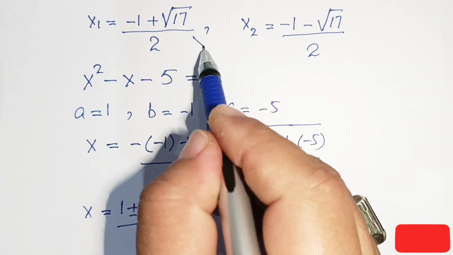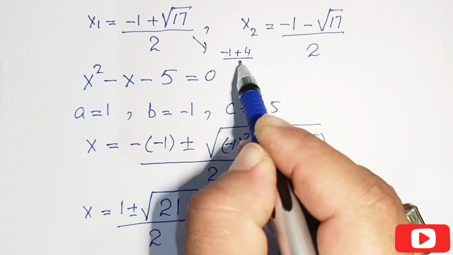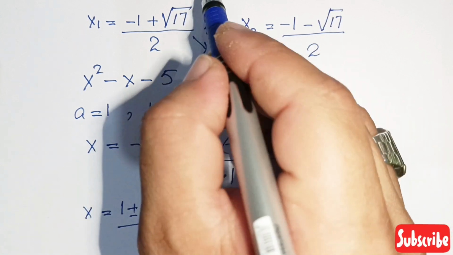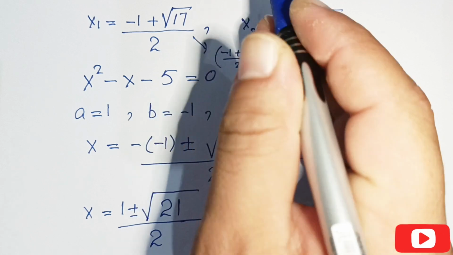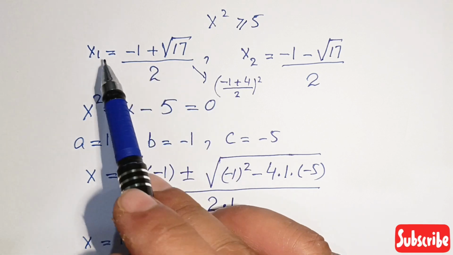So if we write minus 1 plus 4 all over 2, and square it, because our condition is x squared is greater than or equal to 5.